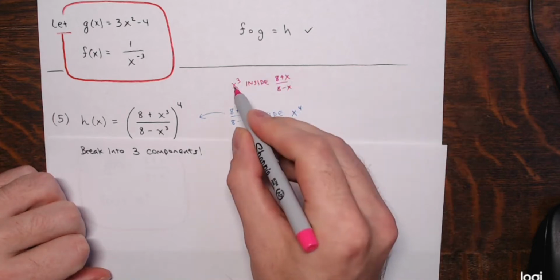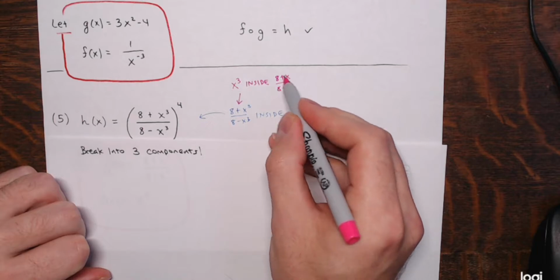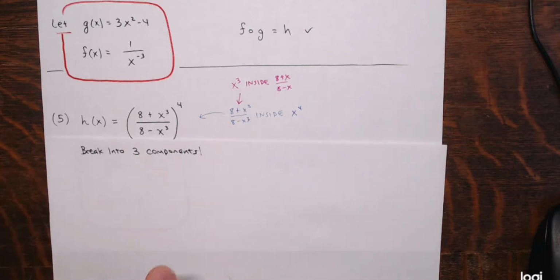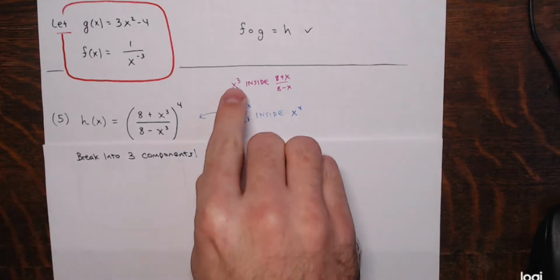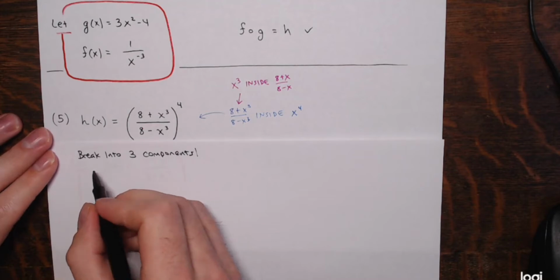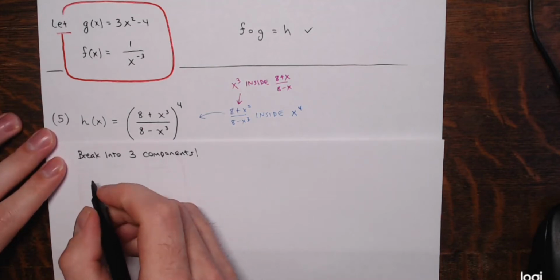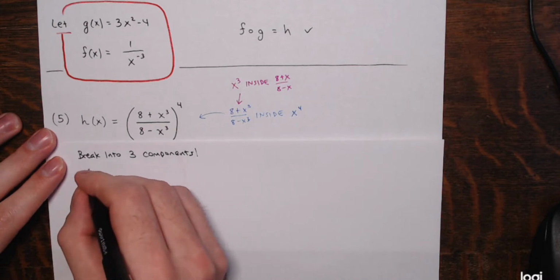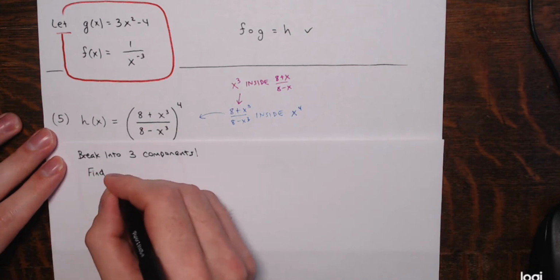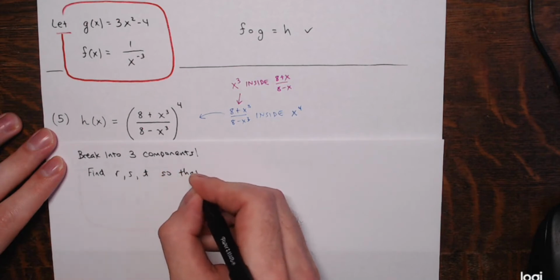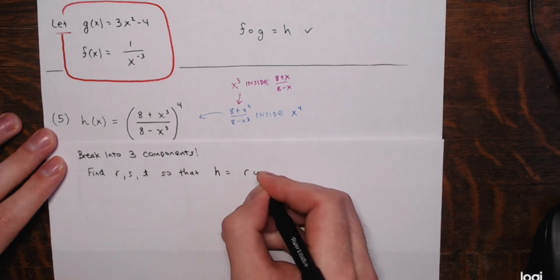It's just you replace x with x cubed in this function here, and you'd get that one. So the furthest inside we get is x cubed. So I'm going to find r, s, and t, functions r, s, and t, so that h equals r composed with s composed with t.